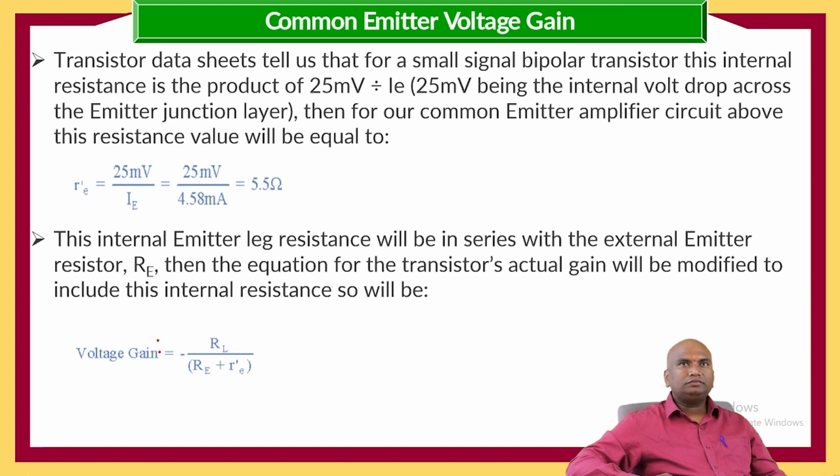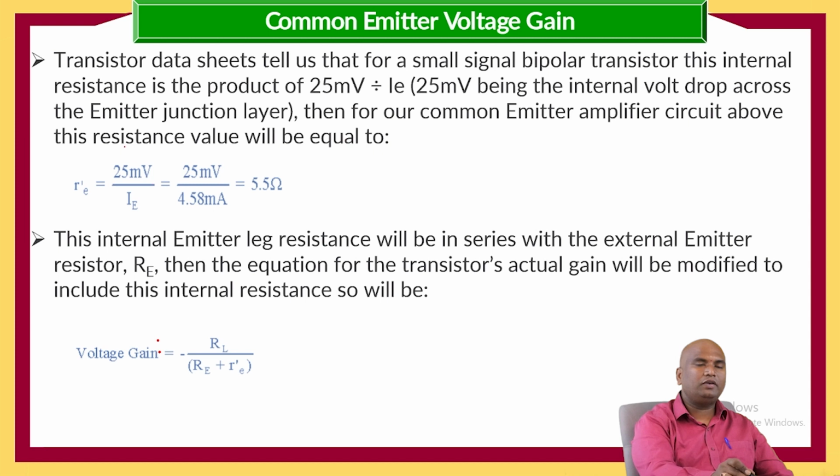Here the transistor datasheets provide us, for a small signal bipolar transistor, this internal resistance as the product of 25 millivolts divided by IE, where the IE value is 4.58 milliamperes. Here 25 millivolts by 4.58 milliamperes is approximately 5.5 ohms.